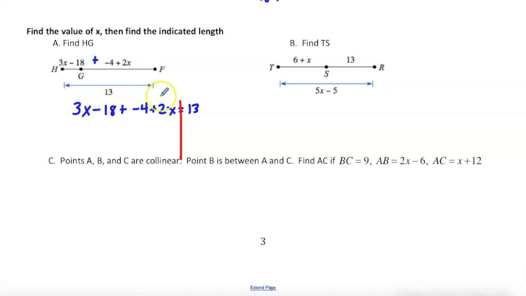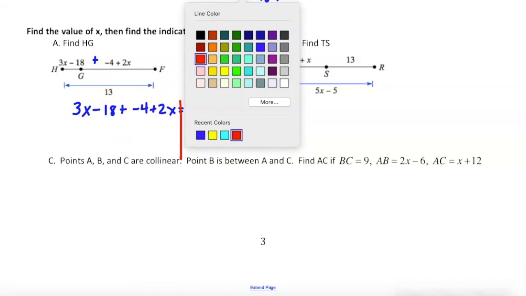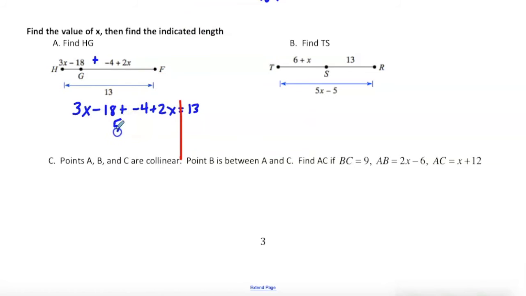So we're going to combine like terms. 3x and 2x is 5x. Negative 18 and negative 4 is negative 22. You can do plus negative 22 or just minus 22. I'm running out of space here, but we would add 22 to both sides.